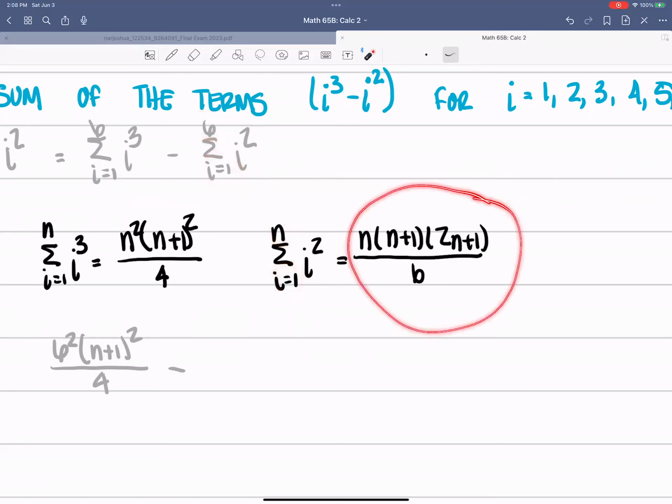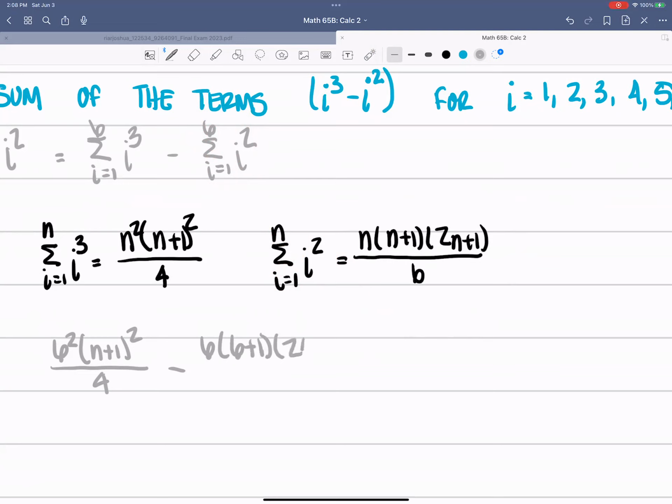So everywhere we see an n here, we're going to plug in 6. 6 times 6 plus 1, 2 times 6 plus 1, all over 6.